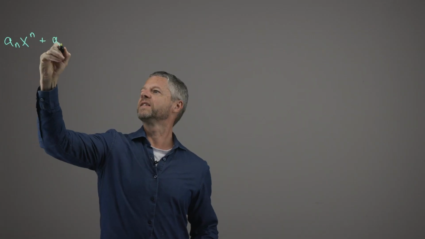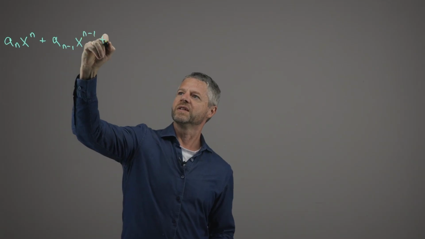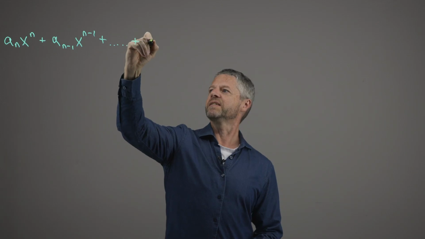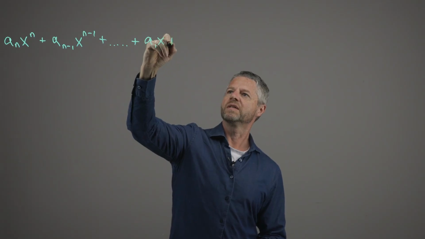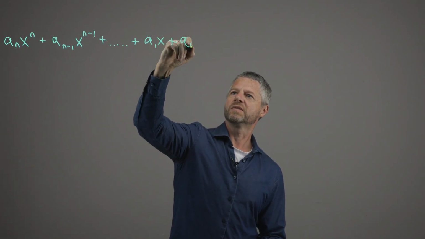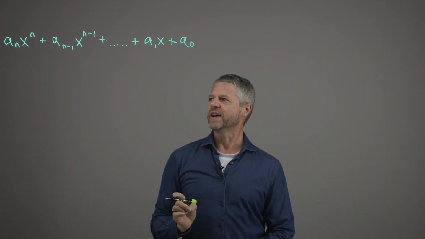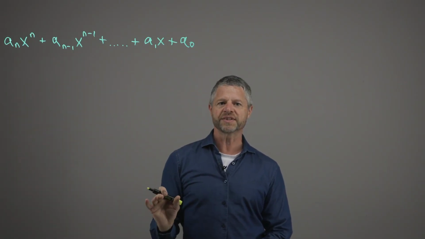So here's the algebraic expression that represents a general polynomial of degree n. There's just a whole bunch of terms that are added together. And n here is a non-negative integer, and the a's are the coefficients, and those are all real numbers.